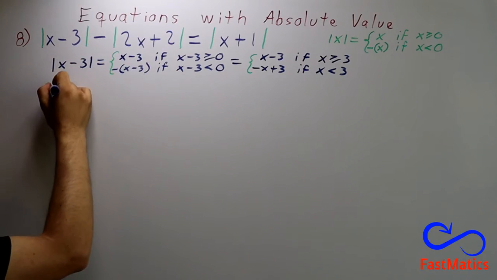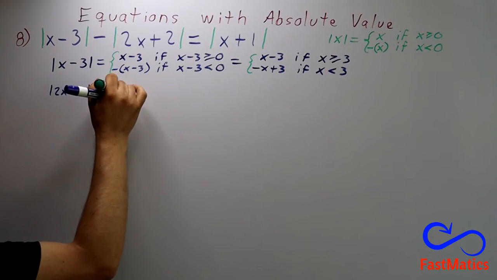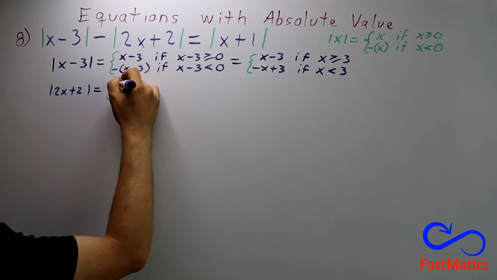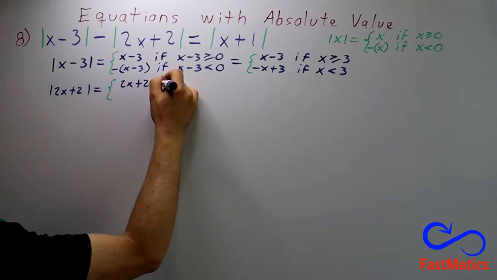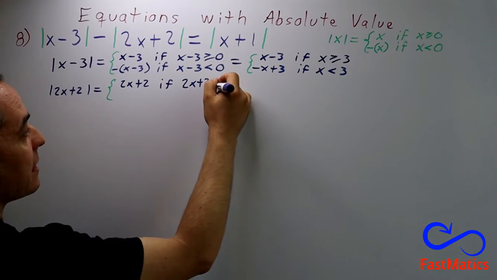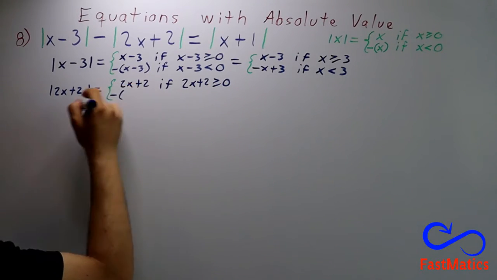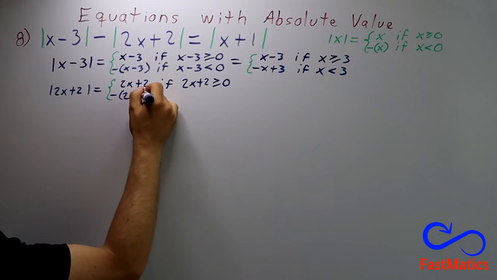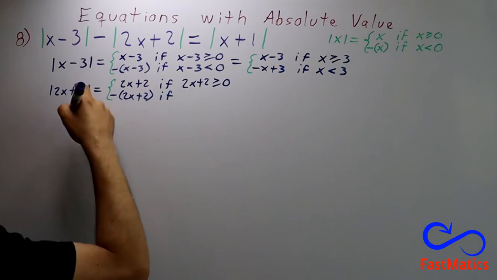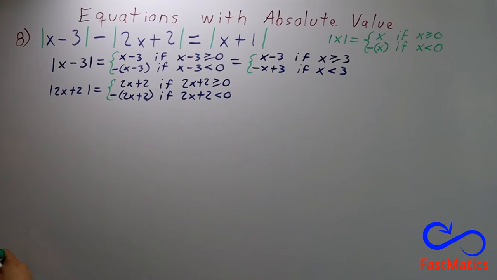Second expression, the absolute value of 2x plus 2 will be equal to the same expression if the expression that is inside the absolute value is greater than or equal to 0. And negative the expression that is inside the absolute value if the expression that is inside the absolute value is less than 0.